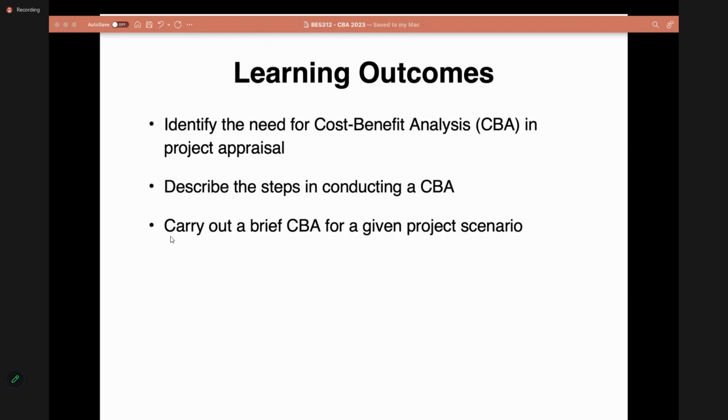Also, how you will go about doing a CBA exercise, the steps involved, and the basic things we need to do when we are conducting a CBA.